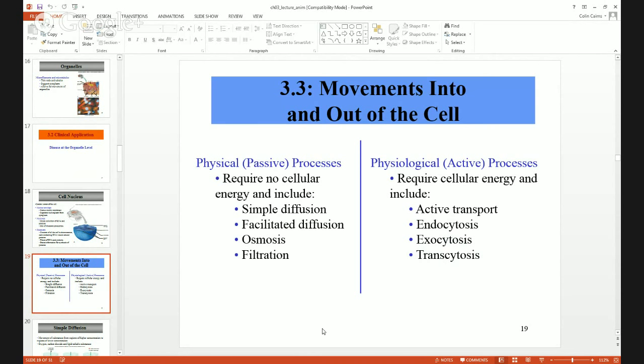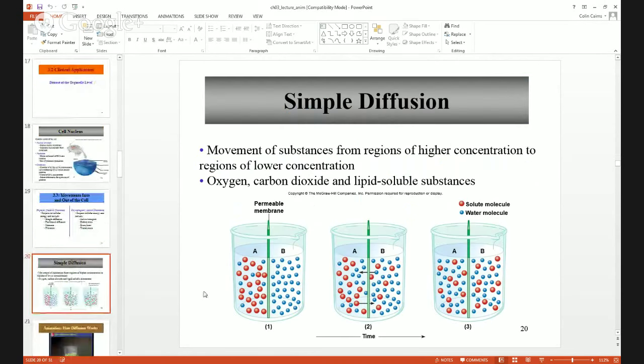First, we're going to take a look at simple diffusion. That is movement of substances from a region of high concentration down a pressure gradient to a region of lower concentration. Some of the molecules that can be diffused are oxygen, carbon dioxide, and lipid-soluble substances.